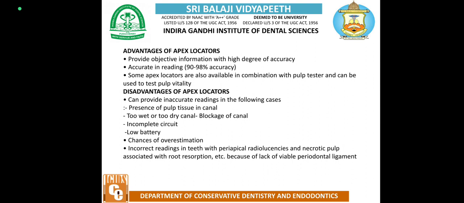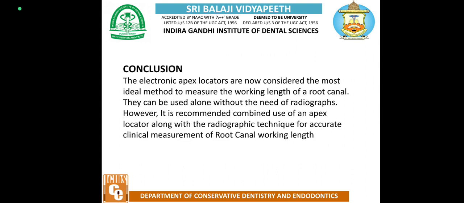Disadvantages of apex locators: it can provide inaccurate readings in the following cases: presence of pulp tissue in canal, too wet or too dry canal, blockage of canal, incomplete circuit, low battery, chances of overestimation, incorrect reading in teeth with periapical radiolucency and necrotic pulp associated with root resorption, etc., because of lack of viable periodontal ligament.